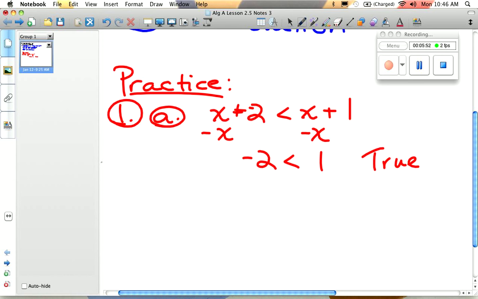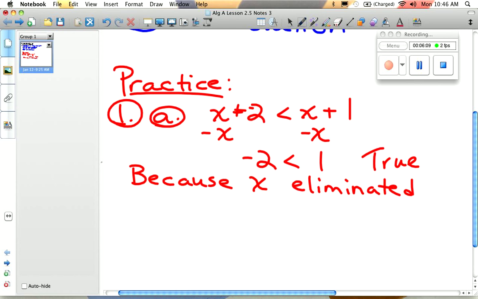So, just this one time, I want you to write this down in your notes. Why are we going to say what the solution is? In other words, what happened? Because x eliminated, which means gone, right?